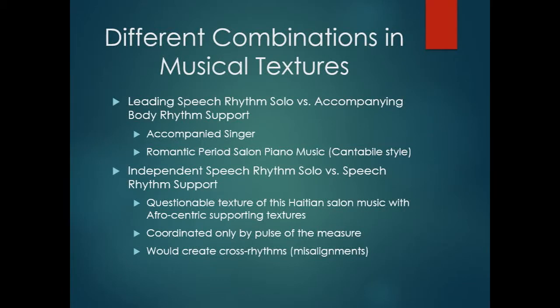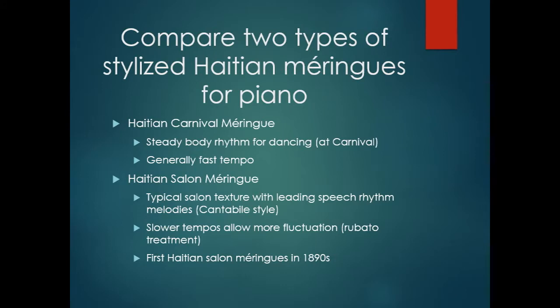So we can also use the speech and body rhythms to explain the two types of Haitian meringues for the piano. We have the carnival meringue and the salon meringue. The carnival meringue relates to body rhythms because this will be used for dancing. So this has a steady body rhythm in a generally faster tempo.